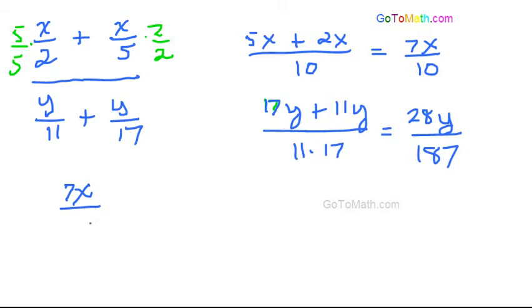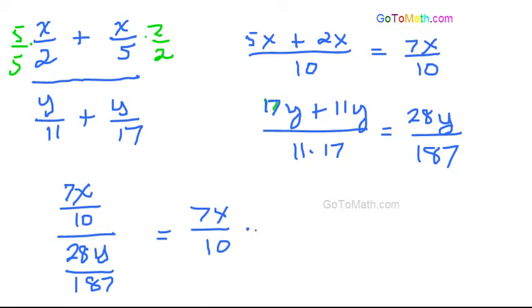We have 7x over 10, and that's all over 28y over 187. Now we're going to write multiplication, flip this fraction, 187 over 28y.